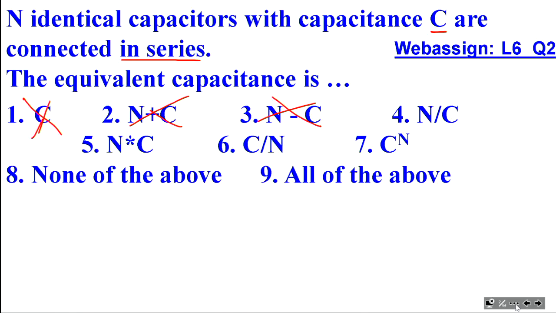Plus, the final answer should have the same unit, farads, not 1 over farads. And definitely we have never had an equation where we have to raise to a power. And definitely that cannot be "all of the above" because they contradict each other.